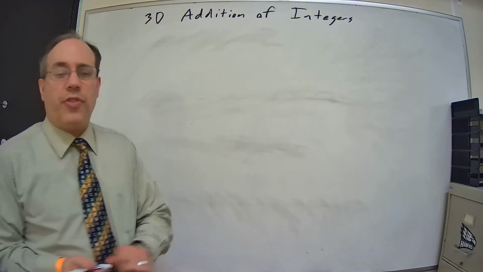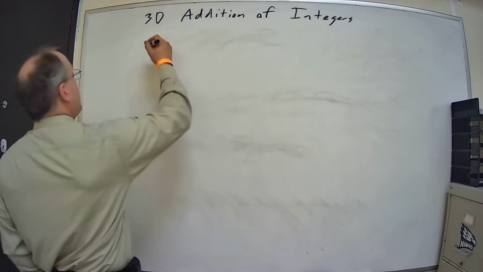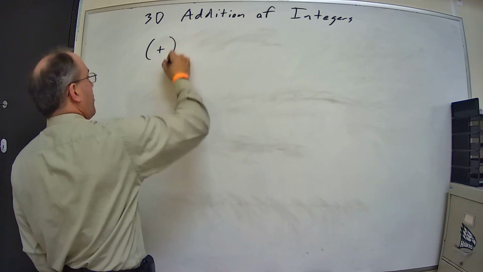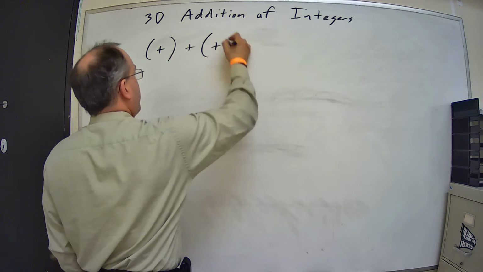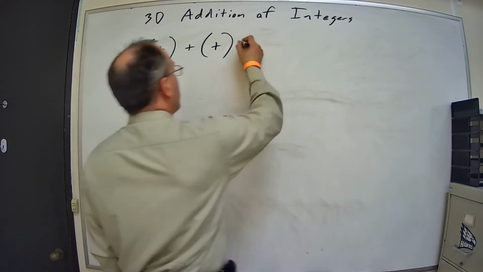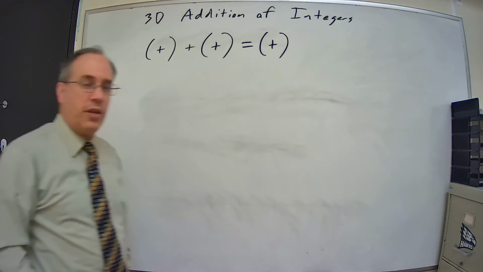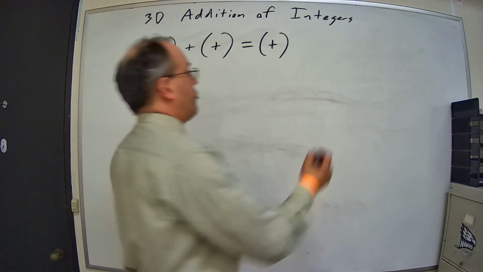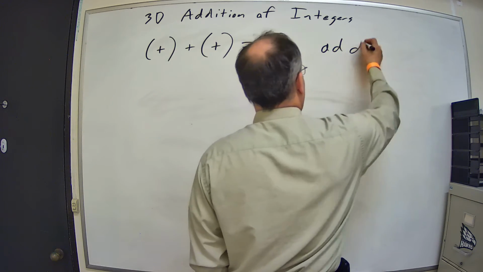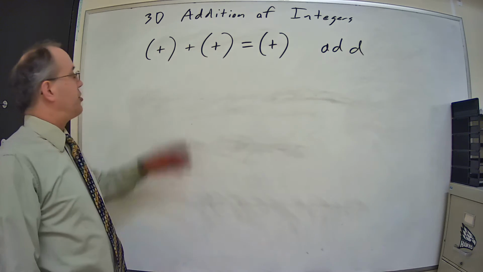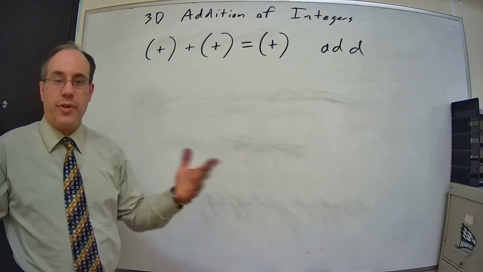So here's your rule of thumb. If you have a positive number plus another positive number, you will get a positive number as the result, and you just add the two numbers. So you just add the two numbers and the result will be positive.